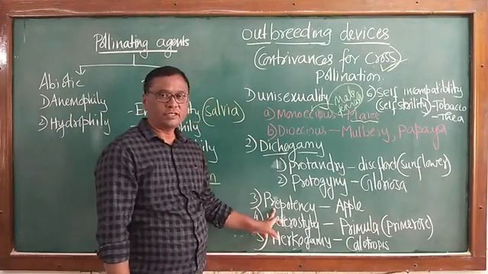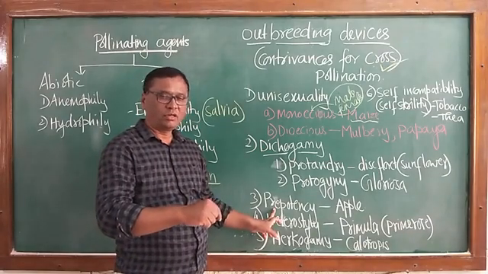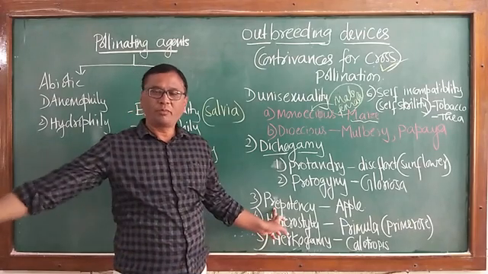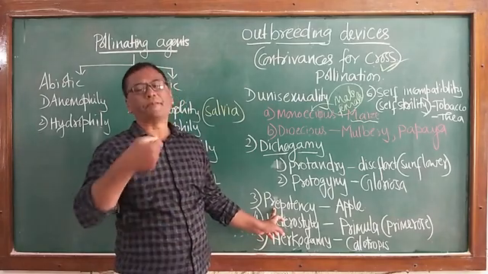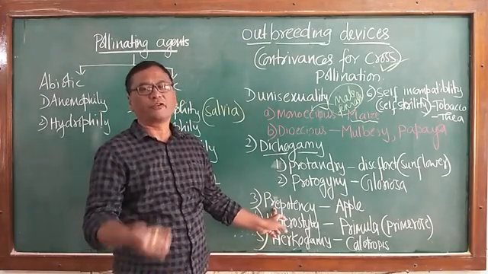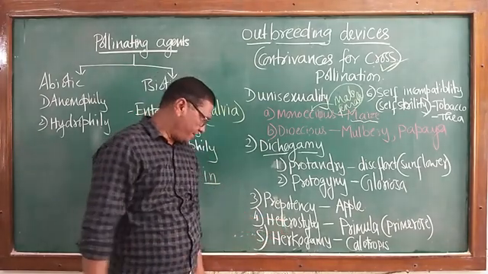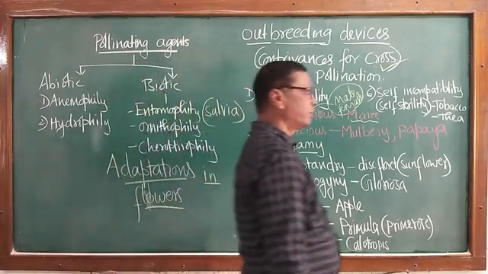So prepotency is: pollen grain from the same flower does not germinate properly on the stigma, but pollen grain from another flower germinates much better, gives good yield, better fertilization. Example is apple.